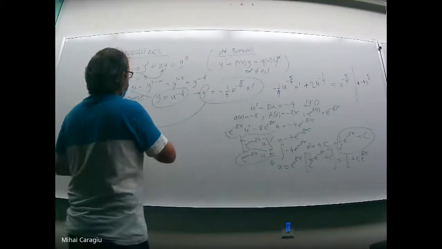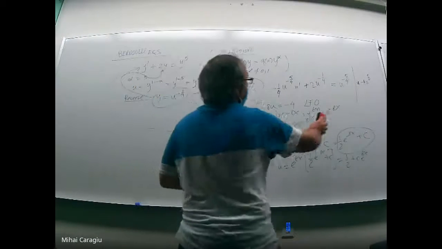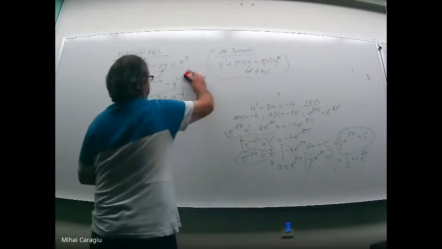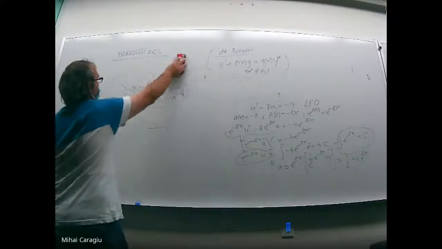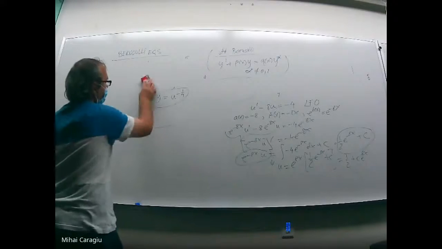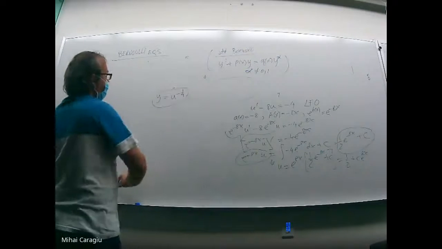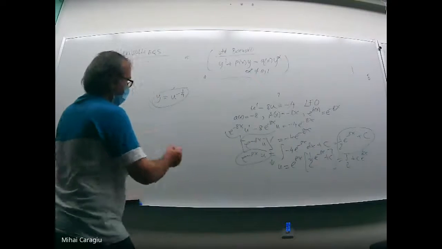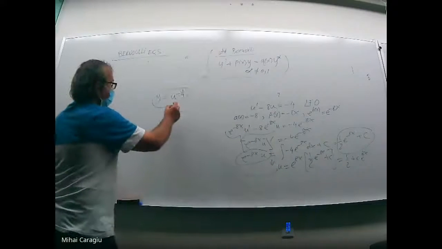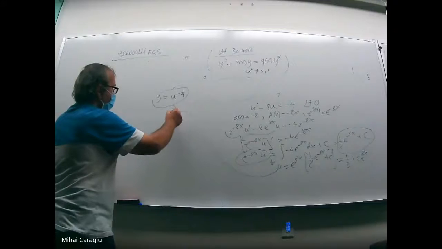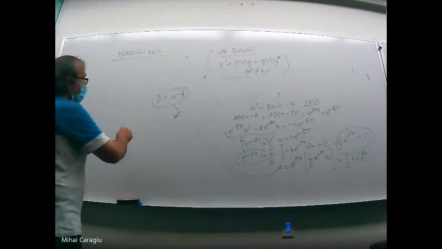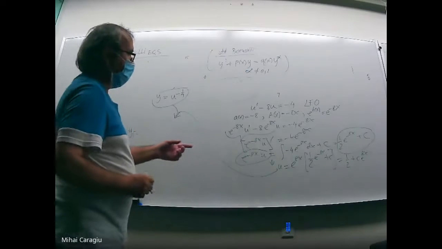Let's go back to y. What is y? Let's try to only come back to this. Y equals u to the power minus 1 over 4. We got u. So from this and the inverse substitution, we get y equals this quantity to the power minus 1 over 4.